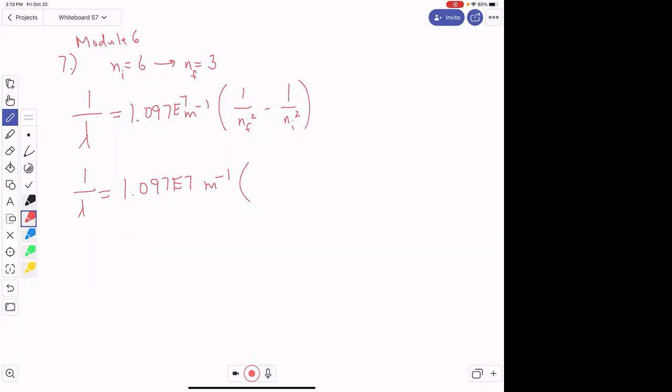So we have 1 over 3 squared minus 1 over 6 squared. So we get 1 over wavelength equals 1.097 e to the 7, right? 1/9 minus 1/36. And then from there, I'm going to need my calculator for the rest of it.